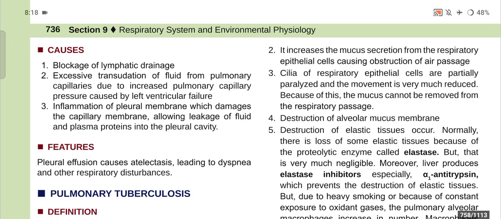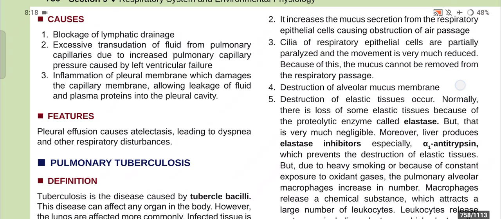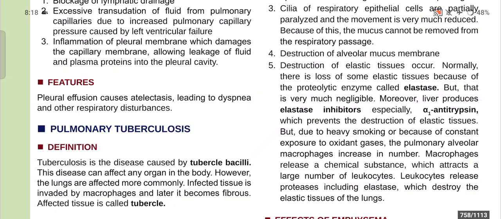So what happens then? Then the destruction of alveolar membrane occurs, and after that the destruction of elastic tissue occurs. Normally there is loss of some elastic tissue because of the proteolytic enzyme called elastase, but that is very much negligible.